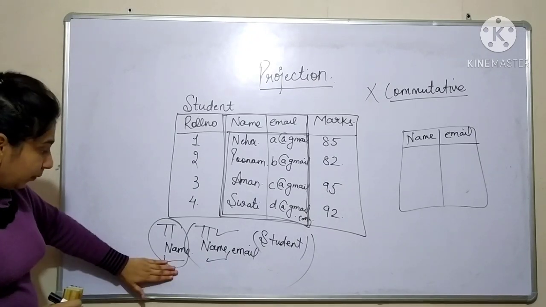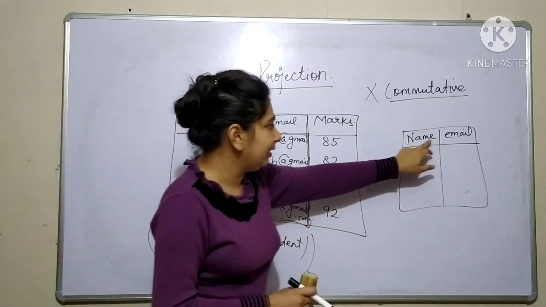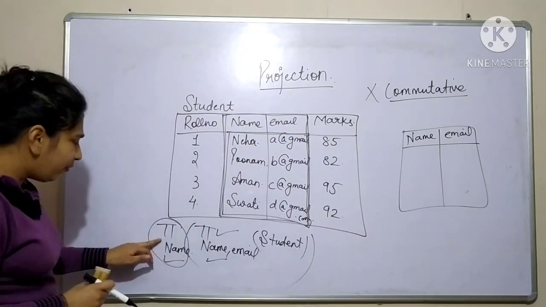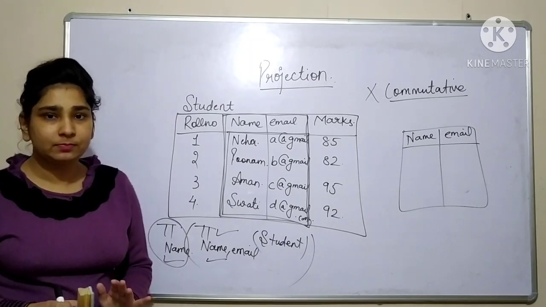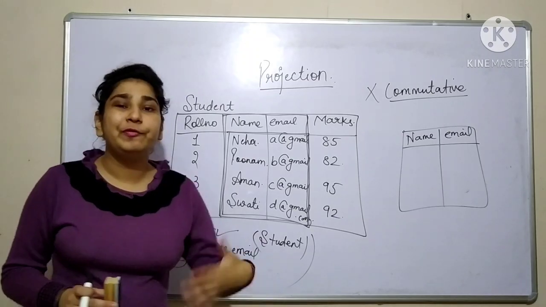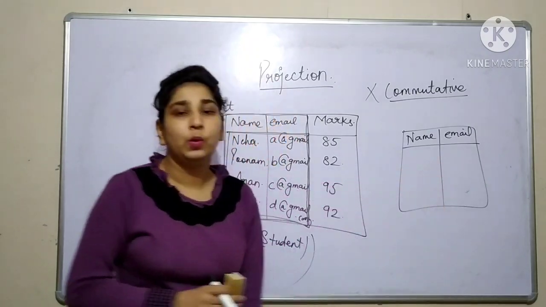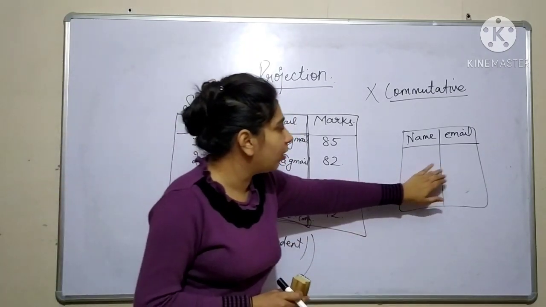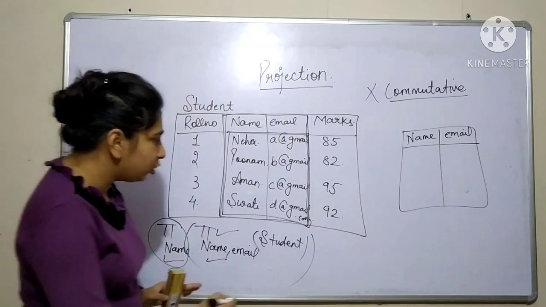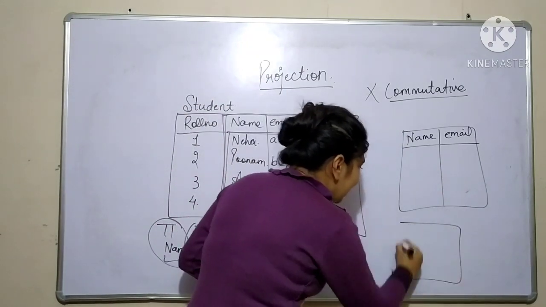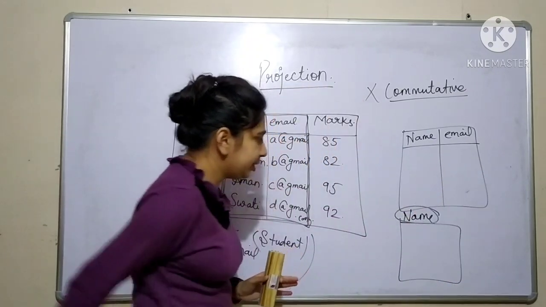Now, out of the name and email attributes, I want to project only the names. I am filtering more attributes from this relation. So what is going to be my output? I just have name as the output in my relation.